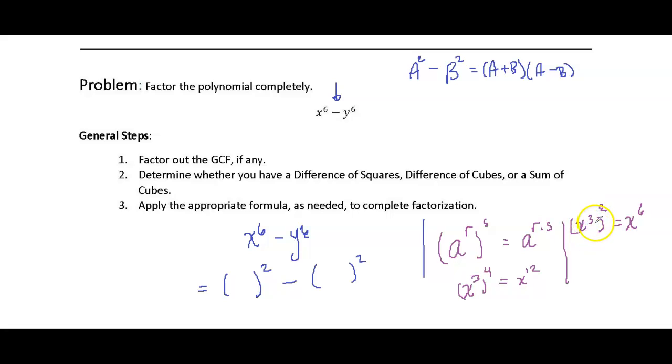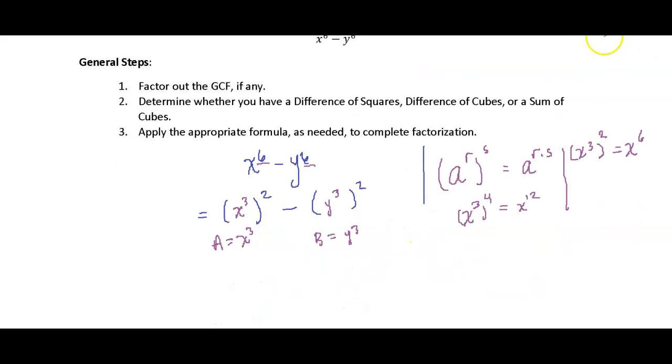So x to the third power to the second power equals x to the 6. So we could fill in here x to the third, since 3 times 2 is 6. And in the same way, this would be y to the third, since 3 times 2 is 6. This means that our a is x to the third power, and our b, y to the third power.